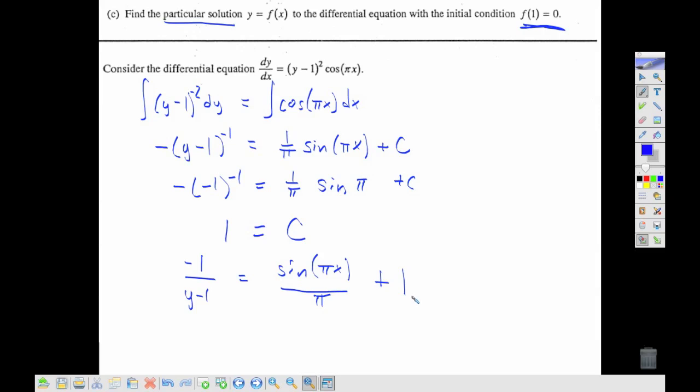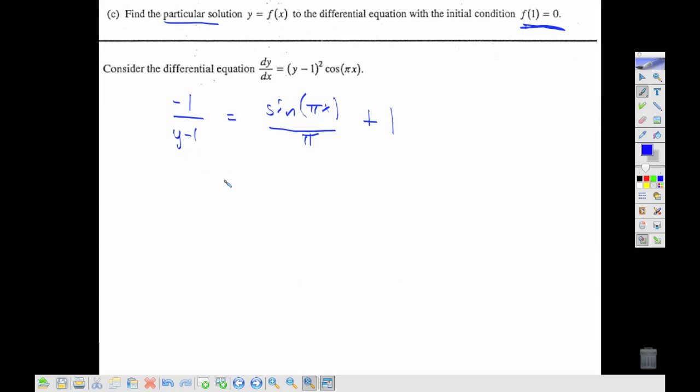And we're going to have to solve this for y. So to keep this going, we're going to need to somehow flip this over. So let's combine this side over here. Let's treat this as pi over pi, which will give us sine of pi x over pi plus pi here.